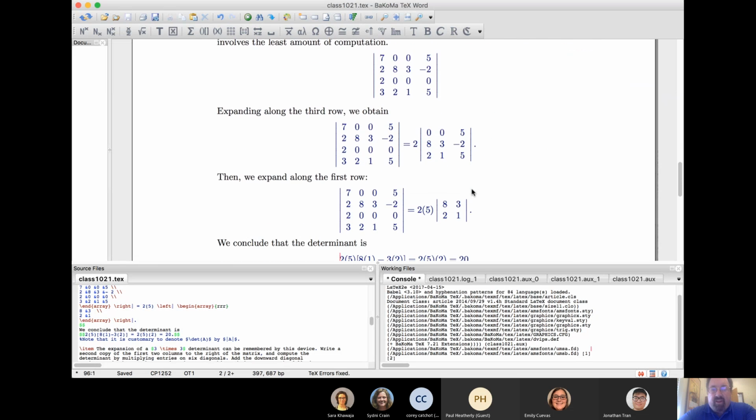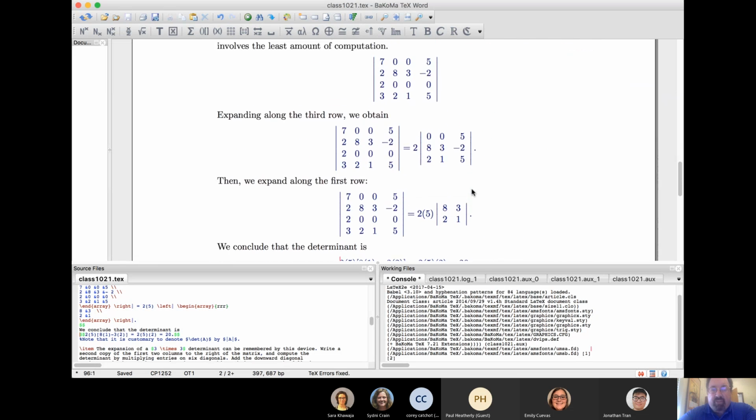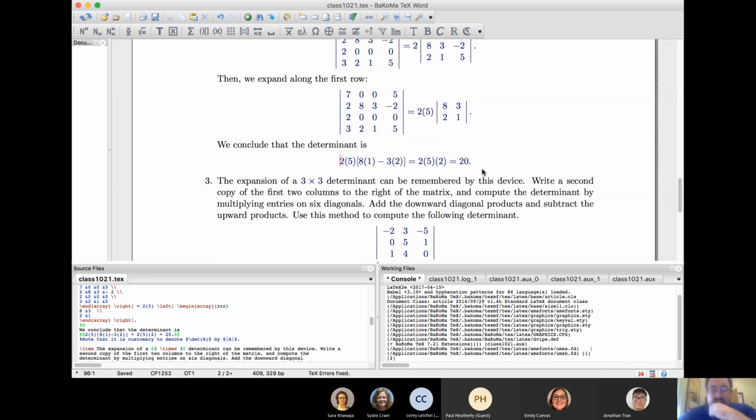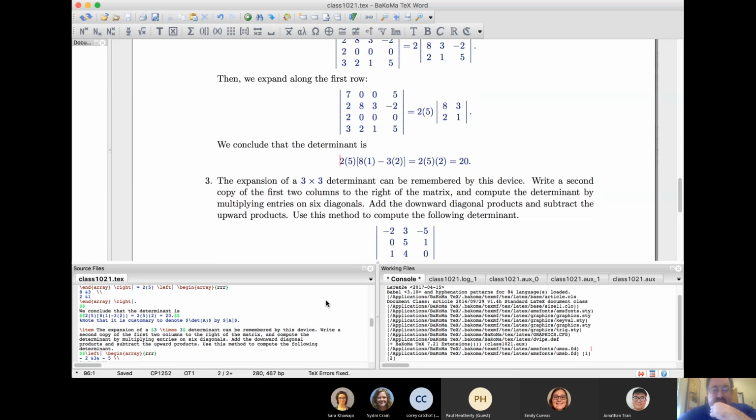But in this case, it was easier than that just because we have so many 0 entries that we can exploit by choosing the right row or column to expand along. And you're going to get the same result either way, and that's why in my labs you only have to enter a final answer, but at least we see a relatively quick way to get there. Questions on that one?